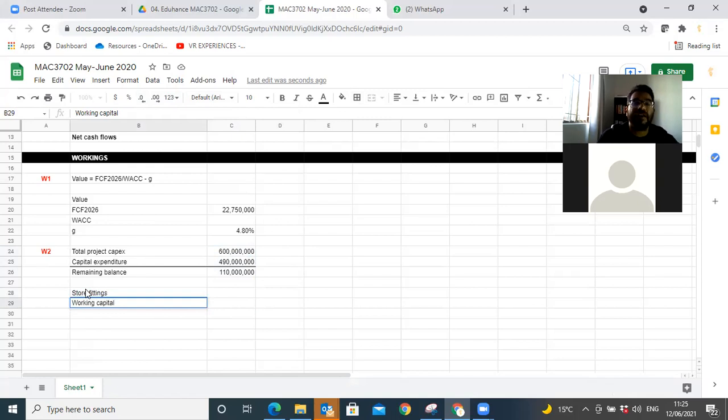That means store fittings is twice the amount of working capital. So basically what we will do, we will just say 2:1, because if working capital is 50% of store fittings, store fittings must be double the size of working capital. Therefore we can just say 2:1, and this will give us a total of 3.